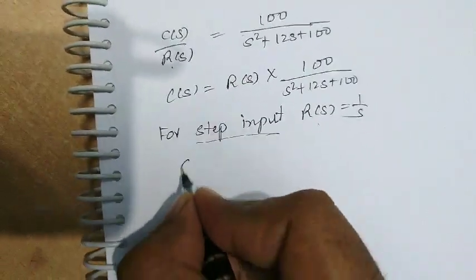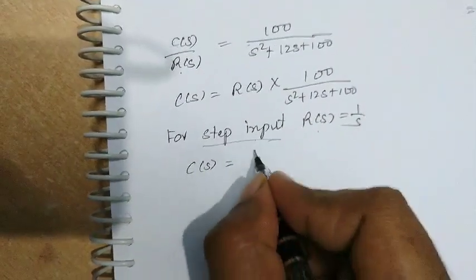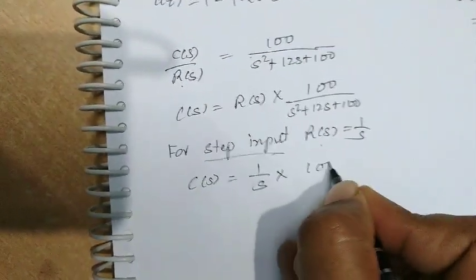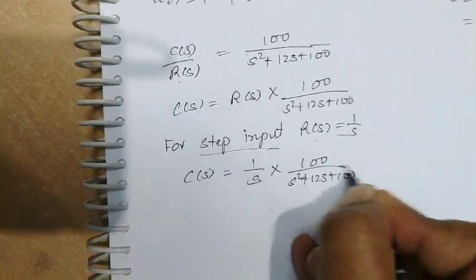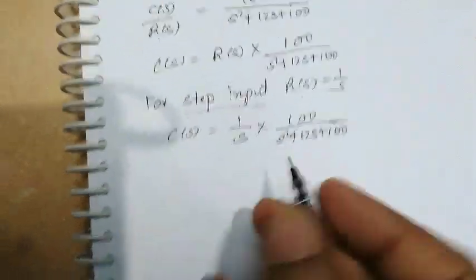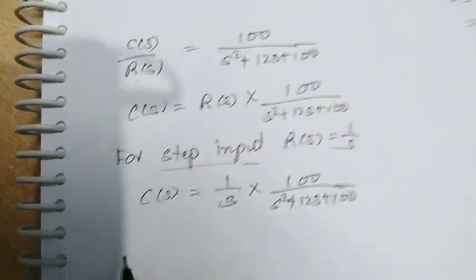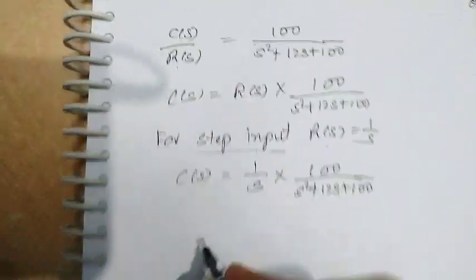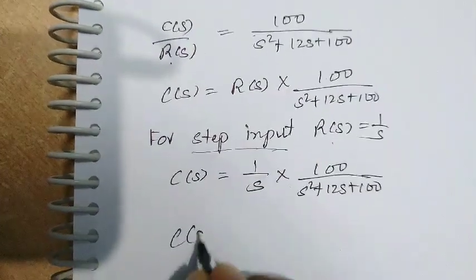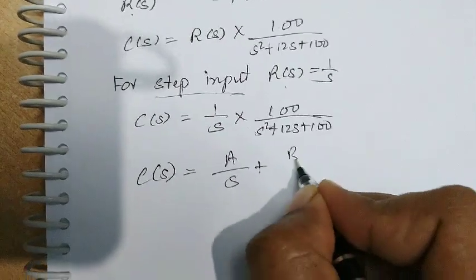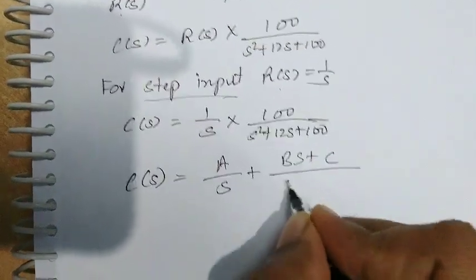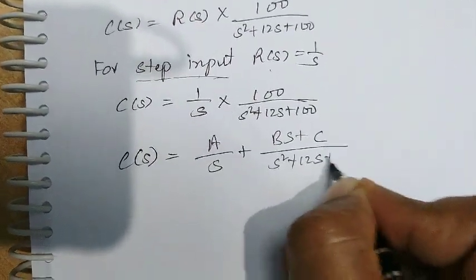So from this, C of s is equal to 1 by s into 100 by s square plus 12s plus 100, right? Now I have to find the partial fractions. So C of s is A by s plus Bs plus C by s square plus 12s plus 100.